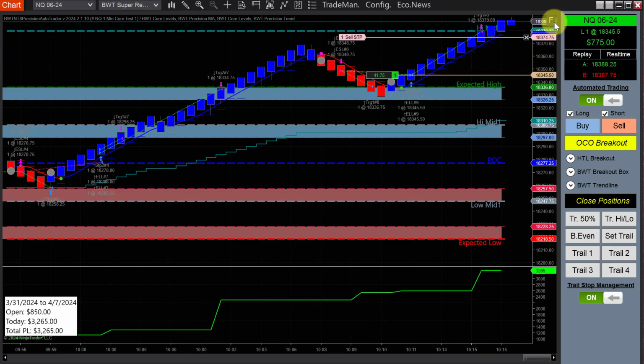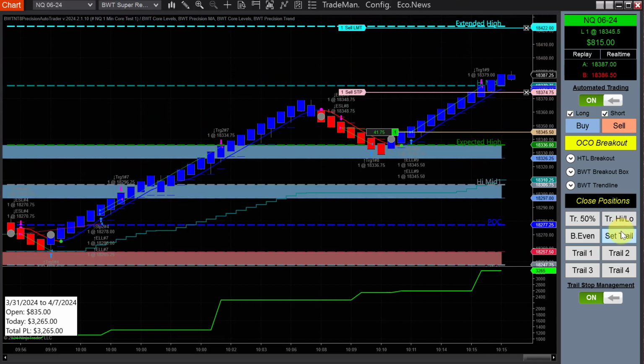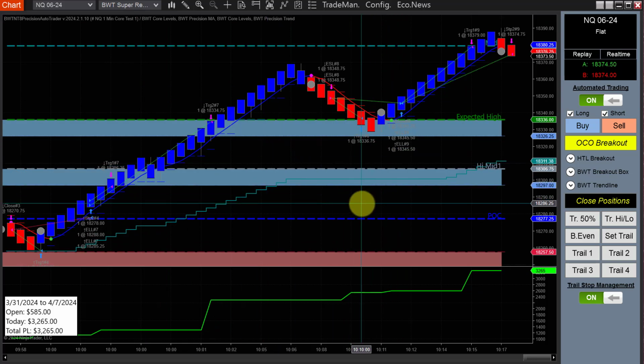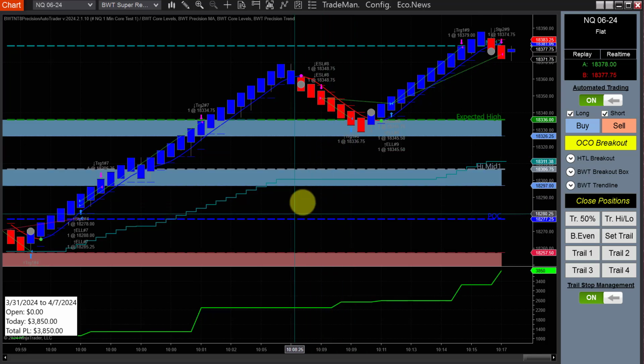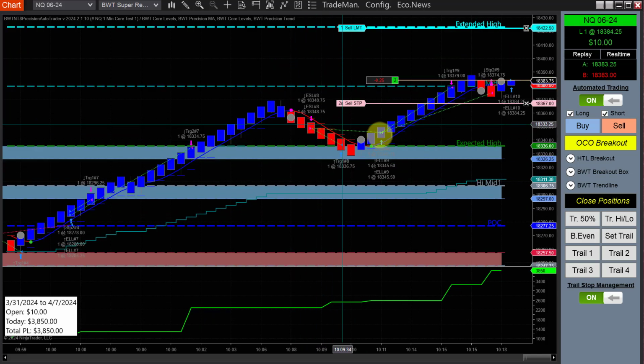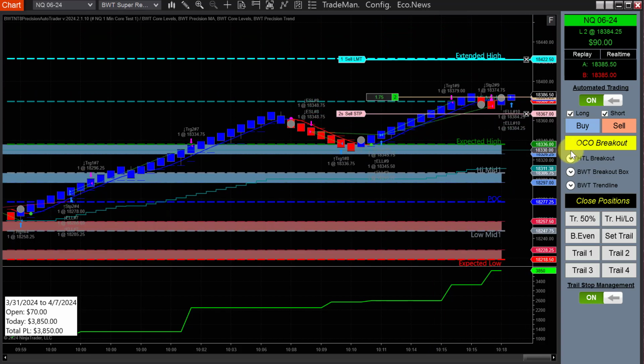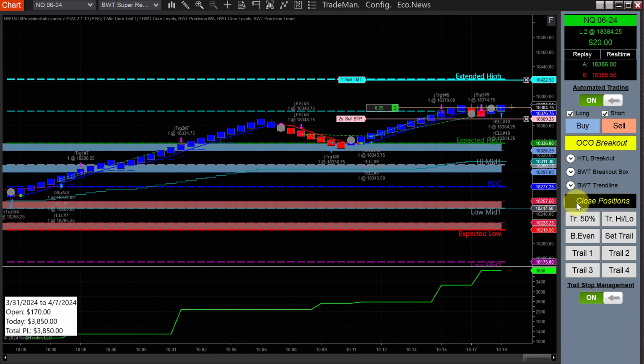Notice the target hit at the core level. And now the second target from this entry, the first target, one core line away, the second target, one core line away. So no matter where you're trading from on the chart, whether you're long or short, your levels will always be one core line away.